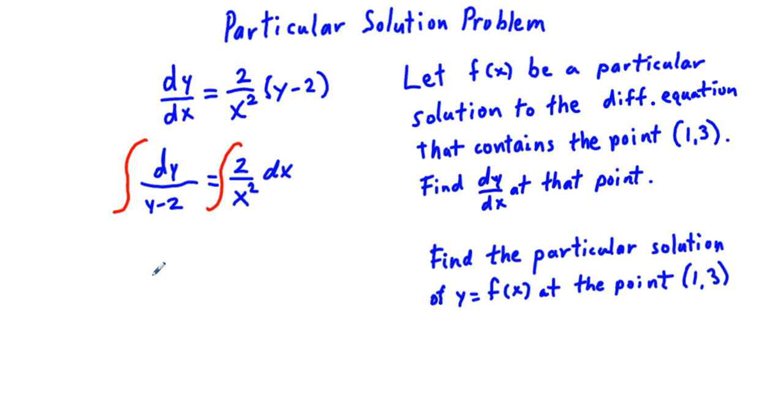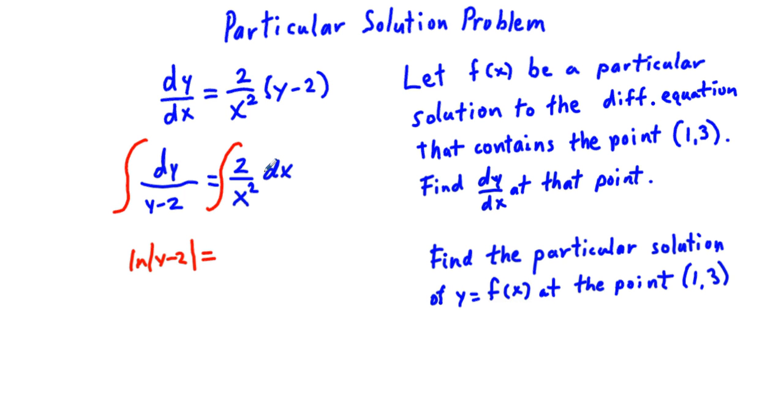This is going to be 1 over y. So on the left side, we're going to get the natural logarithm of the absolute value of y minus 2. We would normally put plus c, but we're going to do the plus c on the right.